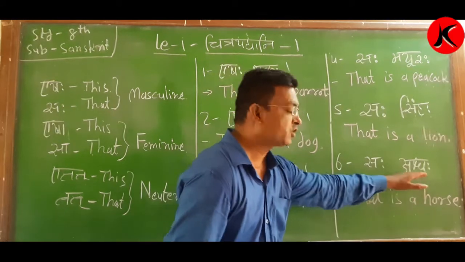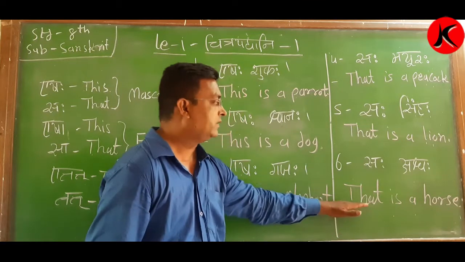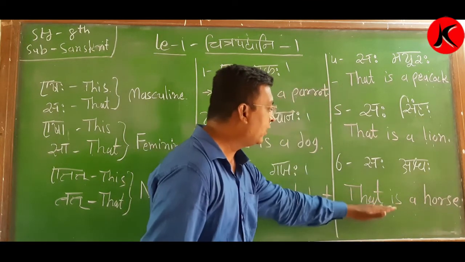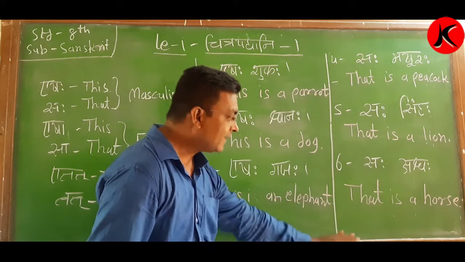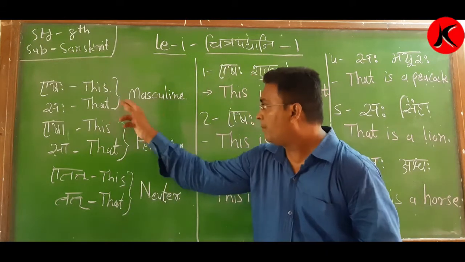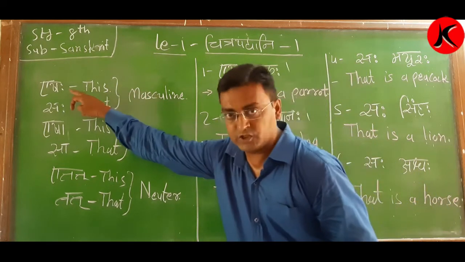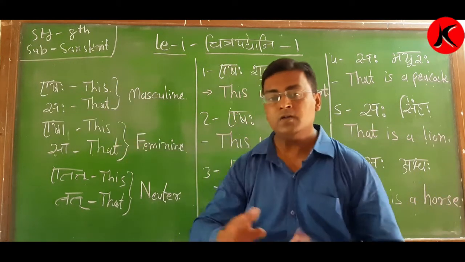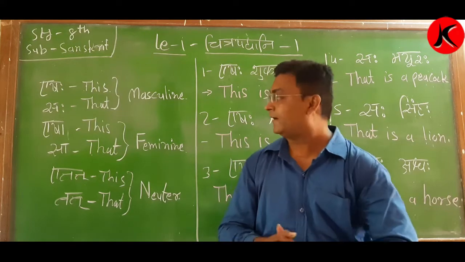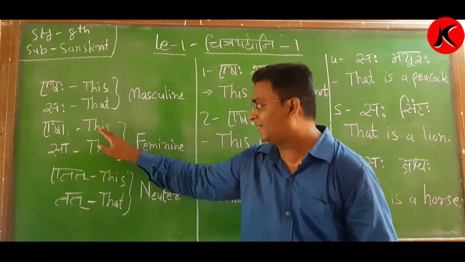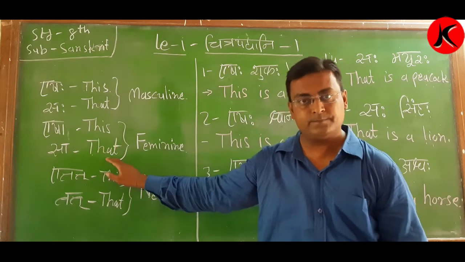Sah Ashvah means that is a horse. These all sentences are in masculine form, this and that: Esha, Sah. Now, on the page, we continue with the feminine forms, Esha, Sa, this and that.